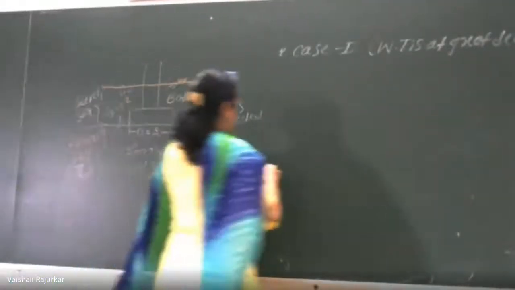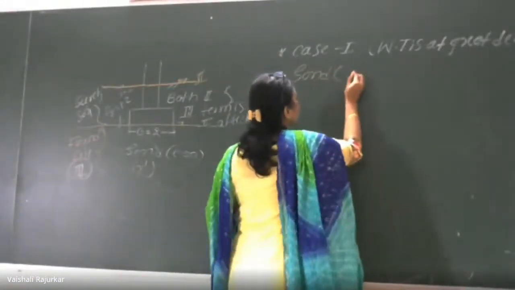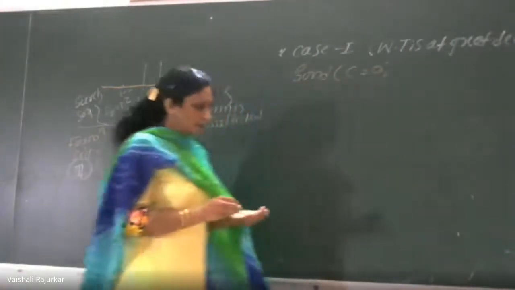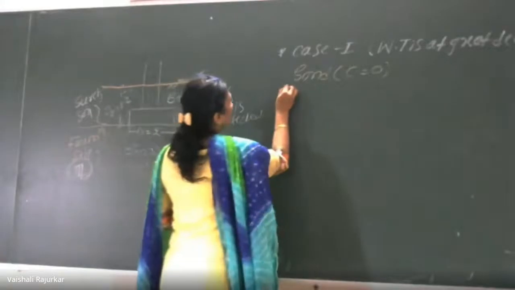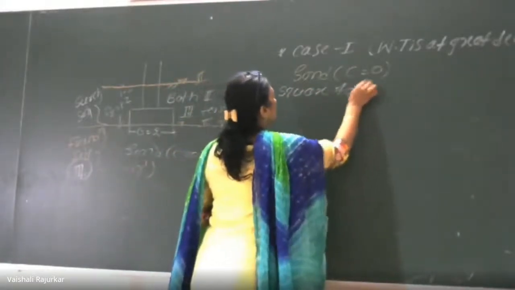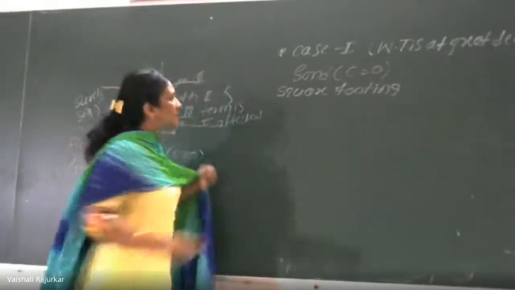So naturally, if the soil is a sand, in that case, C is taken as 0. What is the footing? Square footing. Directly, if the C is 0, we will just write down the equation directly.